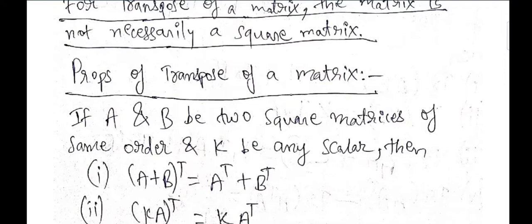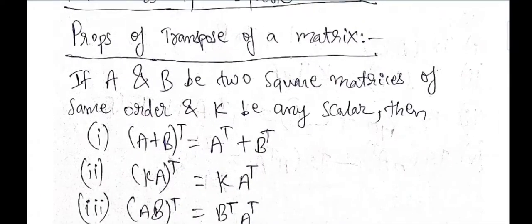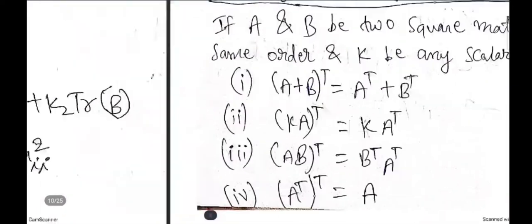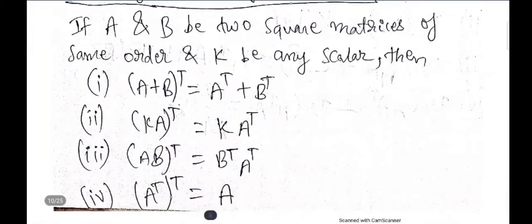Now suppose A and B are two square matrices of the same order and K is any scalar. The way we had learned the properties of trace, similarly we are learning the properties of transpose now. Now why has it been taken that they are square matrices?